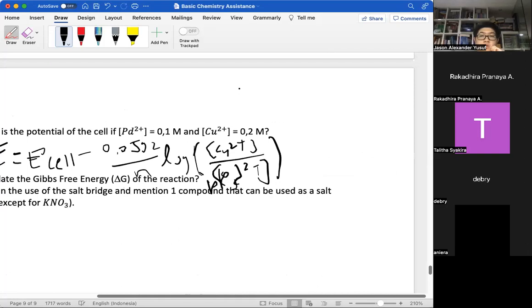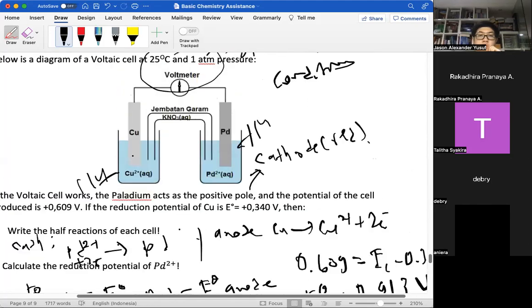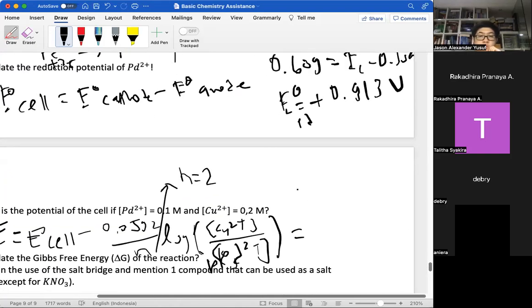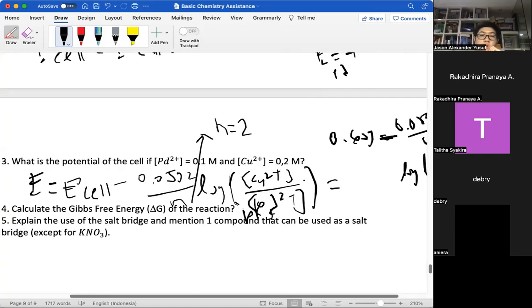If you plug in the values, I'm not going to write it again. For n, since there are 2 electrons, n equals 2. So you just plug in the values and you're going to get the answer. That means it will be 0.609 equals minus 0.0592 over 2 log of 2 over 1. Just plug it into the calculator and you'll get that value.